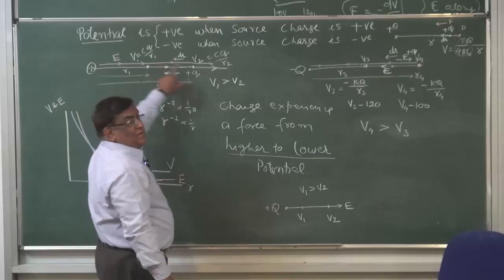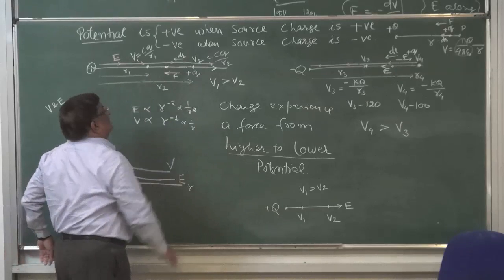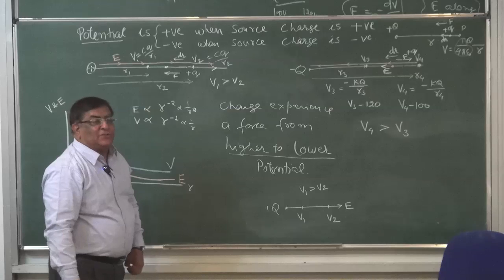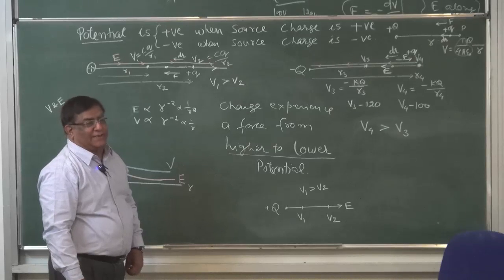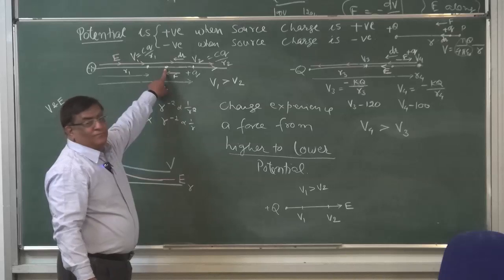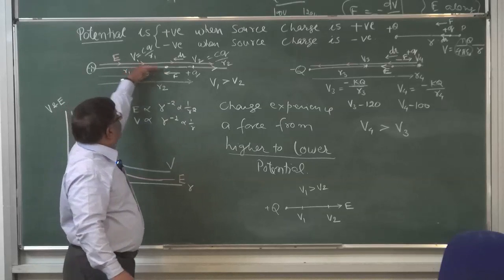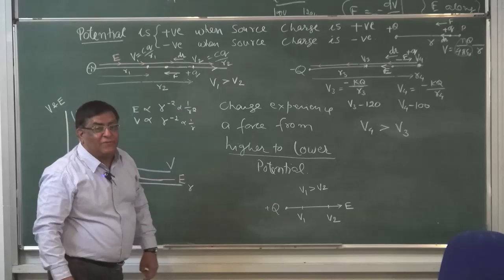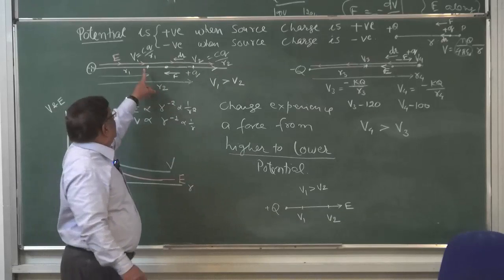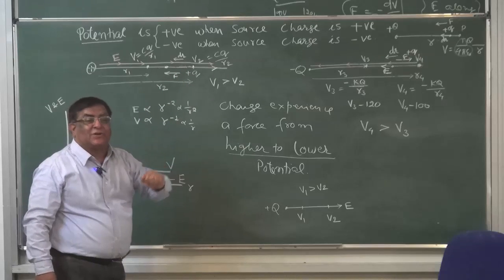Same thing. Okay. Now I stand here. Tell me, in which direction is V increasing? Towards left or towards right? Here it is increasing or here it is increasing. Which is higher, V1 or V2? V1 is high, V2 is low. So what is the increasing direction of V?